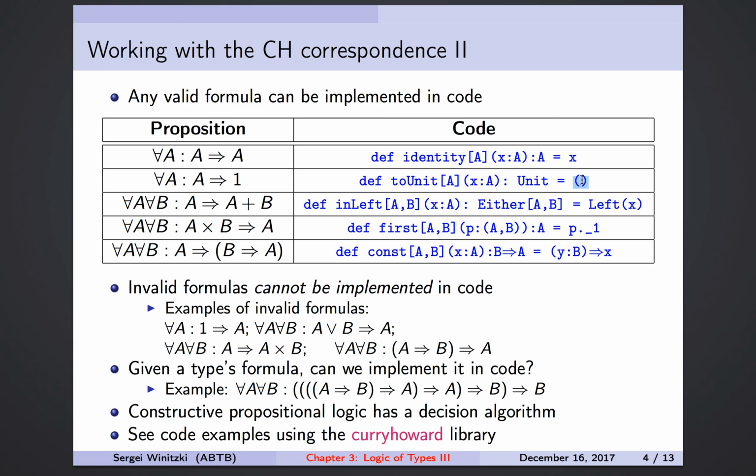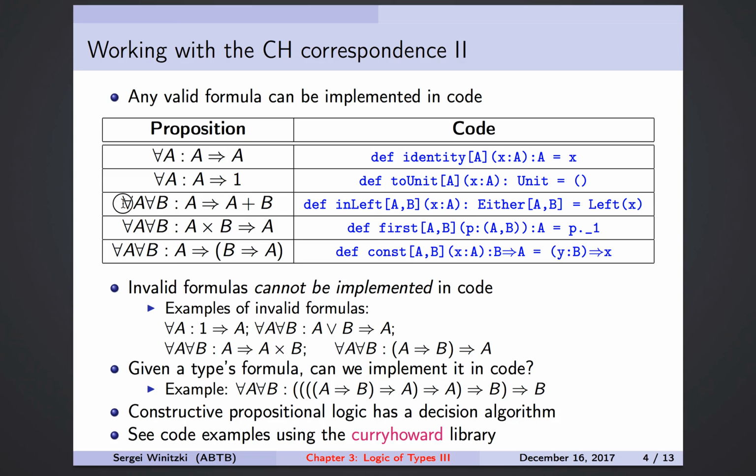And unit value, there's only one of them, so no information from x can pass into the unit value. So in this way, this code corresponds to the proof of this proposition, that whatever you have previously proved, you can prove truth by ignoring the proofs that you had before, because truth is already true. It's a proposition that's identically true.